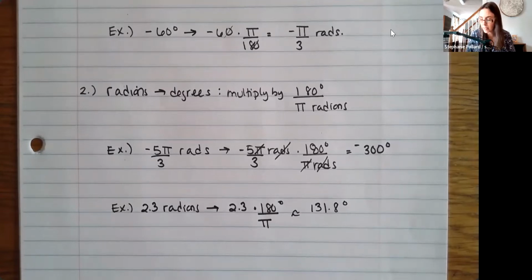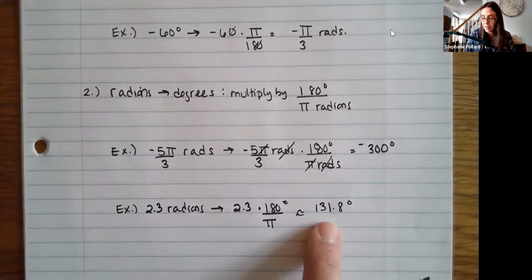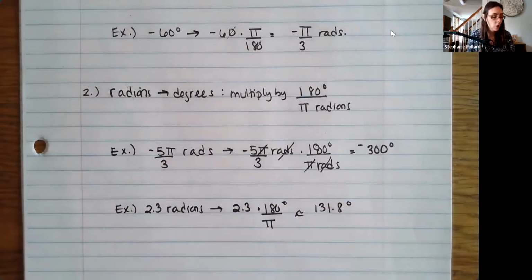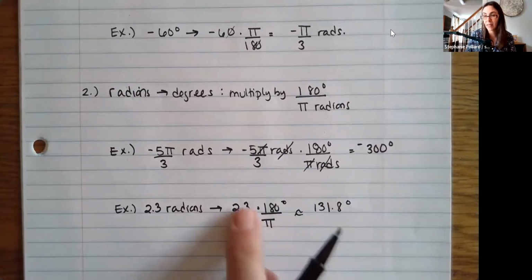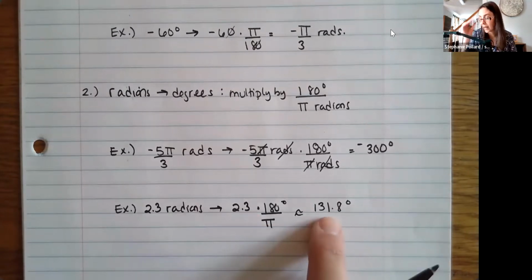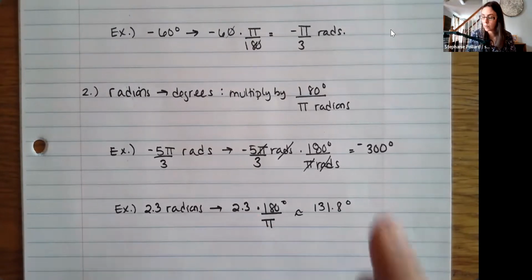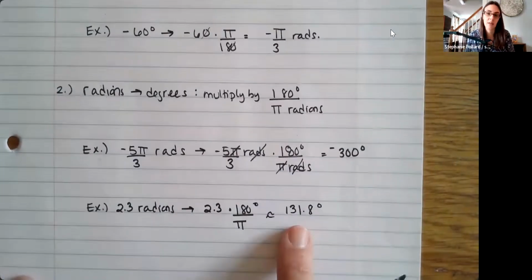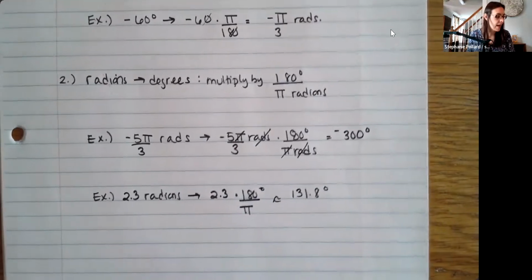Usually, if you start with a decimal, it's okay to end with a decimal. Typically, if we start with a pi, we probably want our answer in fraction form. You'll notice that with radians, we tend to like fraction form a lot rather than decimals if possible. Here, it's kind of too messy to leave the pi in the denominator. But normally, if we can have some sort of fraction answer, that's preferred over the decimal answer. So you'll notice that as well.